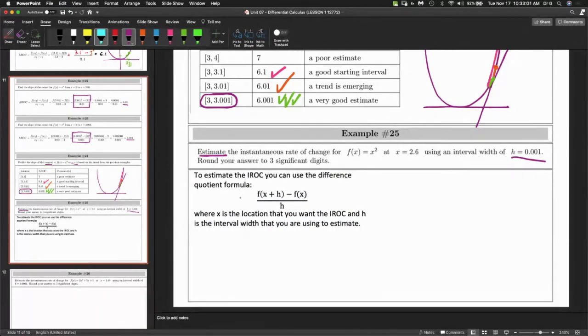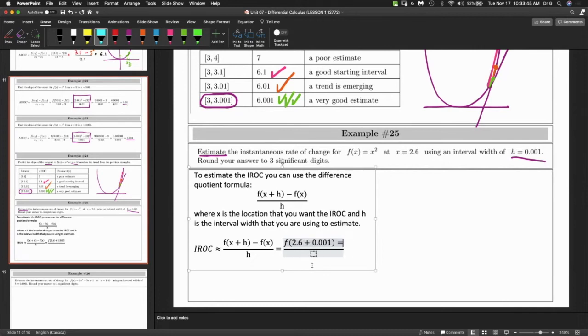So for this example, we can evaluate, or estimate, I should say, the instantaneous rate of change. I haven't gotten that far yet, but I will get there shortly. So in this case, the instantaneous rate of change is going to equal, if you plug in the numbers here for x and h, f of 2.6 plus 0.001 minus f of 2.6 over 0.001.